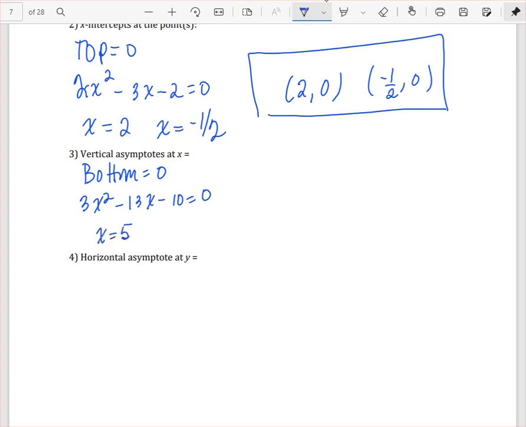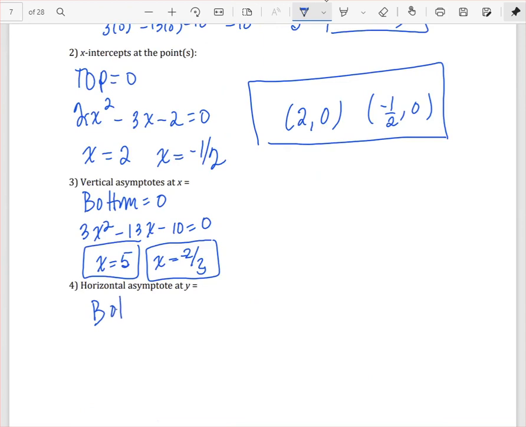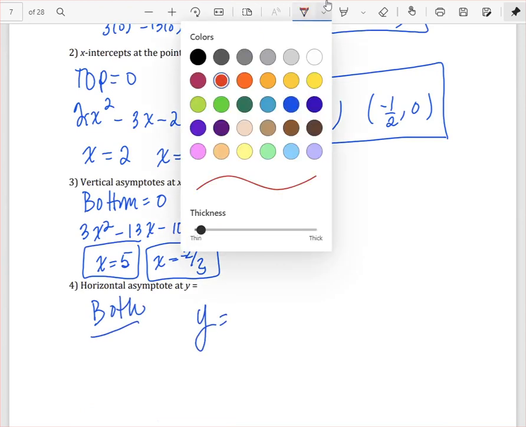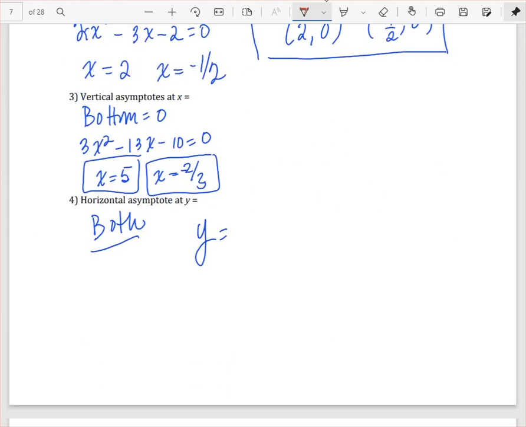They're going to be 5 and negative 2/3. So those are going to be the answers. Now for the horizontal, you have to see where the highest power of x is. In this case, it would be with both. So it would be y equals, what I'm going to do is get the numbers right next to them. So it's 2 divided by 3. And that's the horizontal asymptote for that.